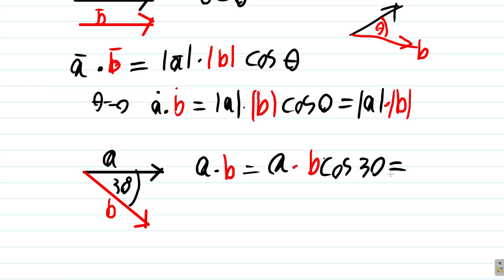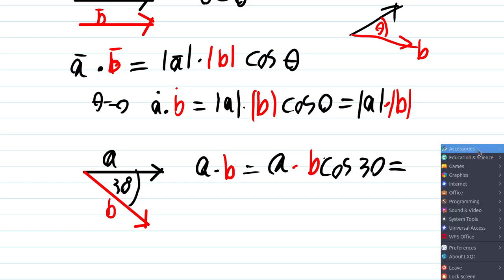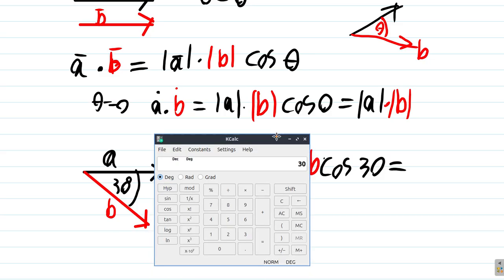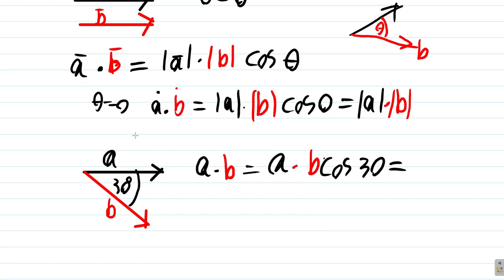Now what is the cosine of 30 degrees? All right, make sure it's in degrees. 30 cos is 0.866. So this is 0.866 times the product of the magnitudes. So B is not helping A at 100%, only partially. Alright?